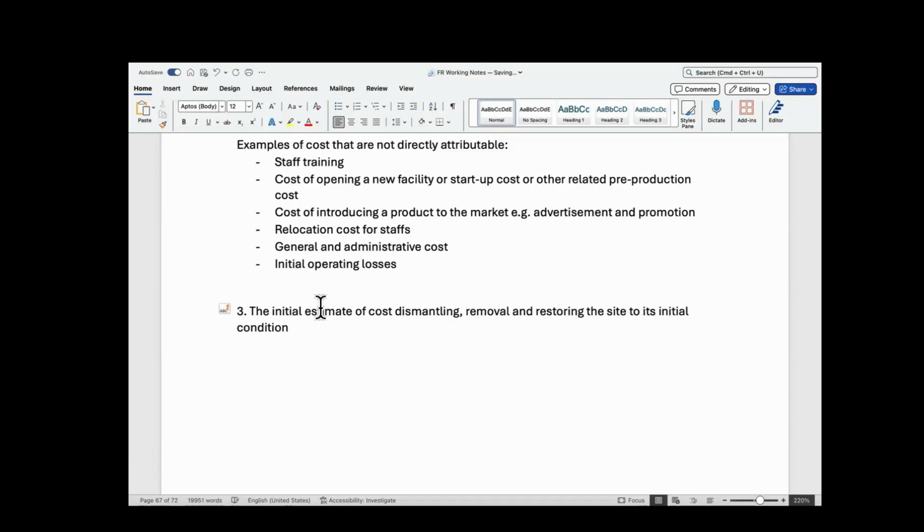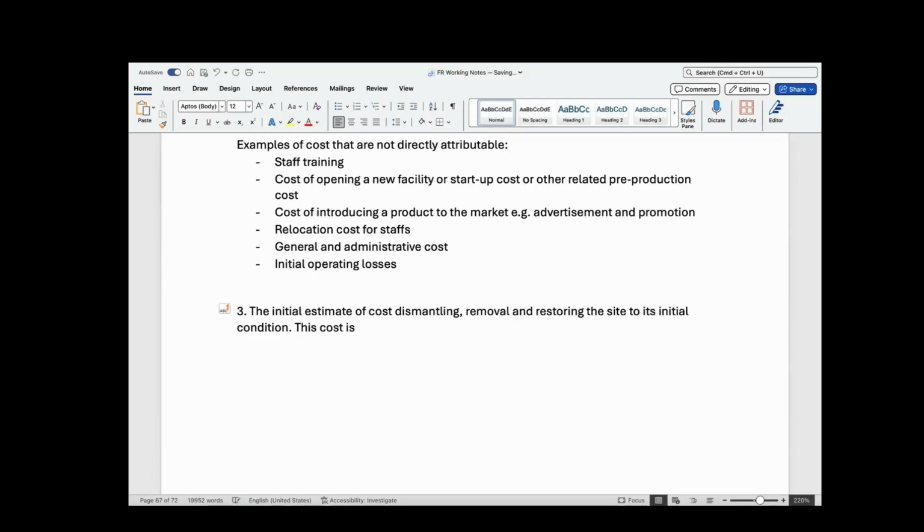So if you have to incur a cost of dismantling, removal, and restoring the site on which you place the asset to its initial condition, you need to capitalize that right from the outset.